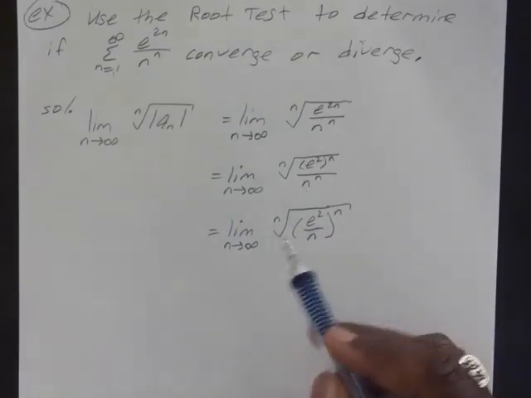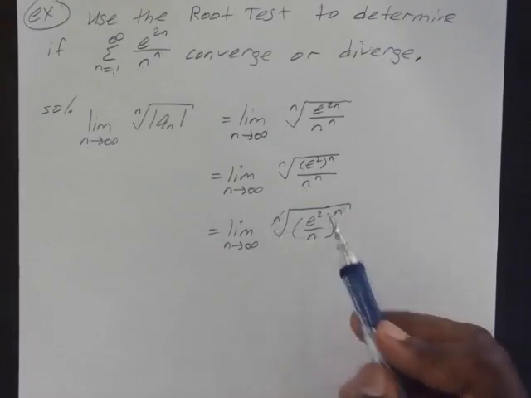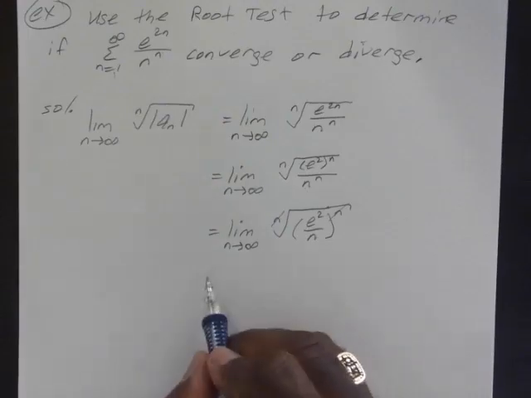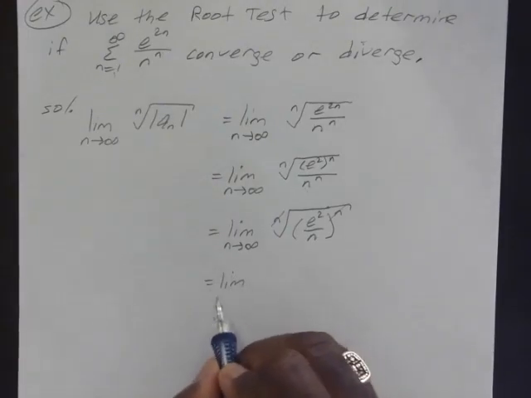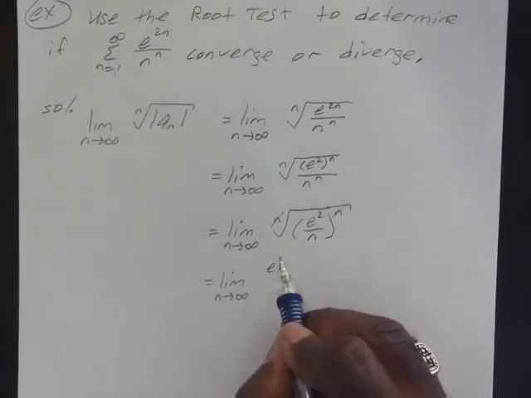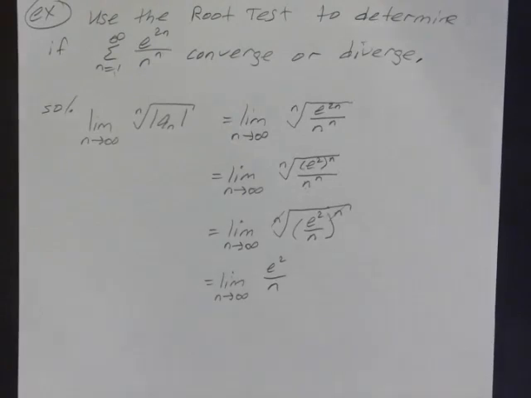Well, we can see here that the index and the exponent cancel each other out. So that gives us the limit as n approaches infinity of e squared divided by n.